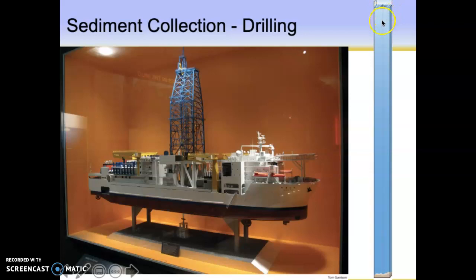So the pipe that comes out of that drill rig has to go down 2 miles before it hits the ocean floor. And that means that the ship has to stay in exactly the same place as that core is drilled. That said, they can drill down through 1,000 or more feet of sediment using this drill rig. So it's a pretty cool piece of equipment.